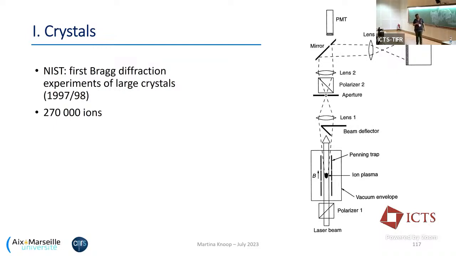This is already 25 years ago, with very large ion clouds in a Penning trap, which is always the same thing, the very cylindrical approach. A laser beam shines through the trap from below, making this Bragg diffraction on this ion crystal, and they look at the Bragg diffraction of that.